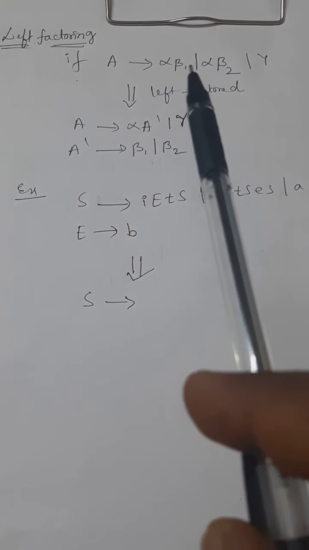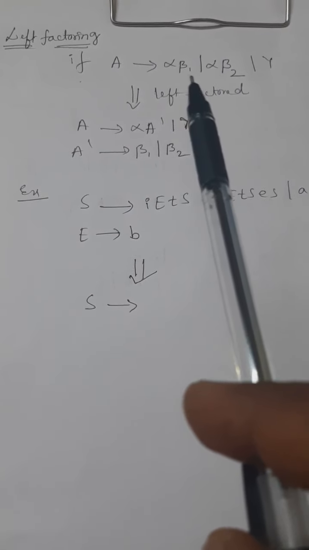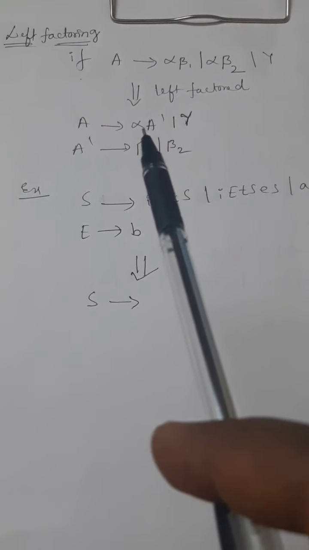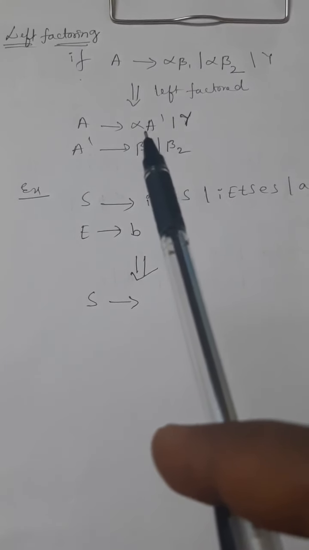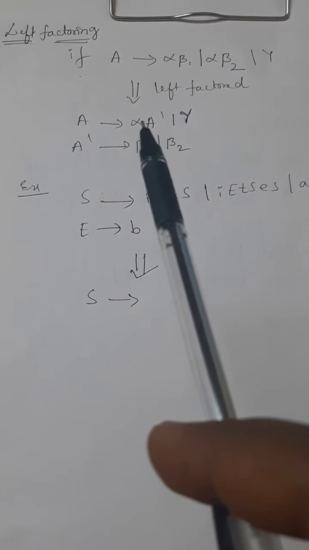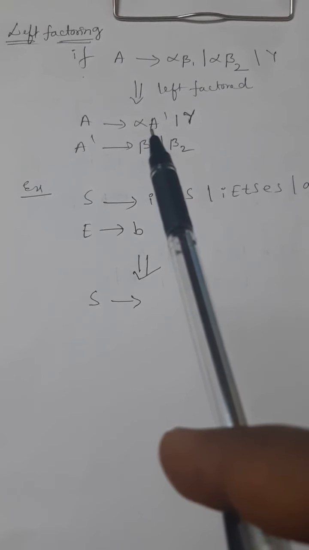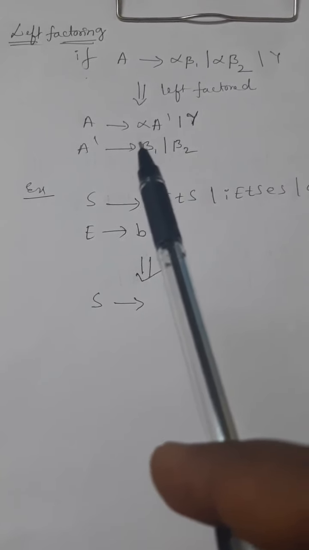Next, for the productions which have a common prefix, I am going to consider the longest common prefix and write that. Alpha is the common part, so I have written alpha here along with a new grammar symbol, A dash. And what does A dash produce?